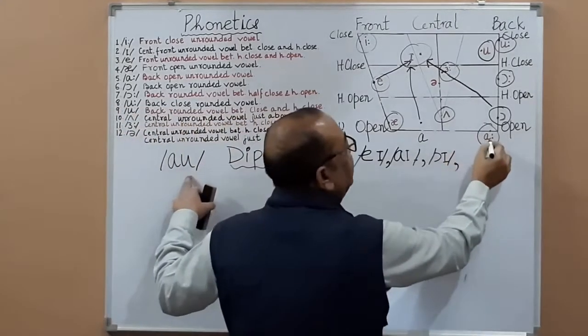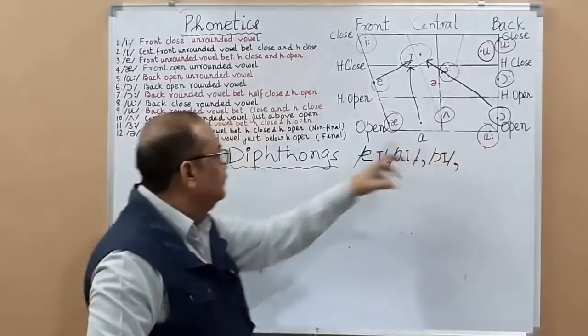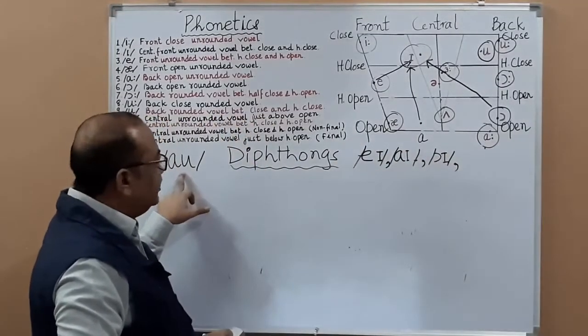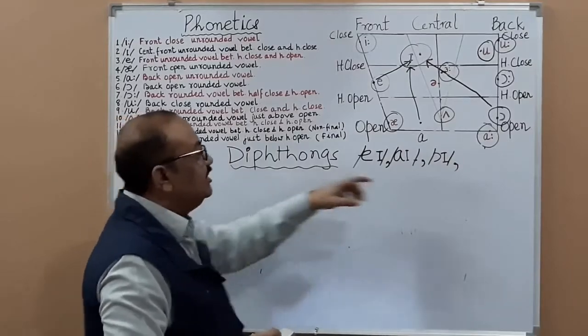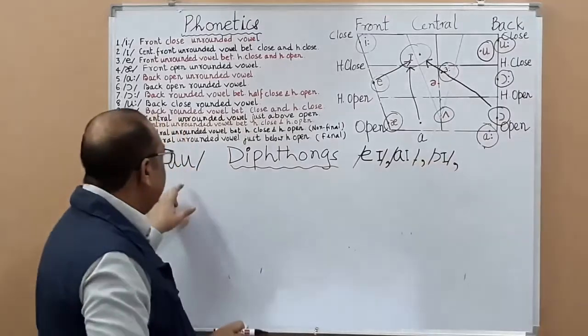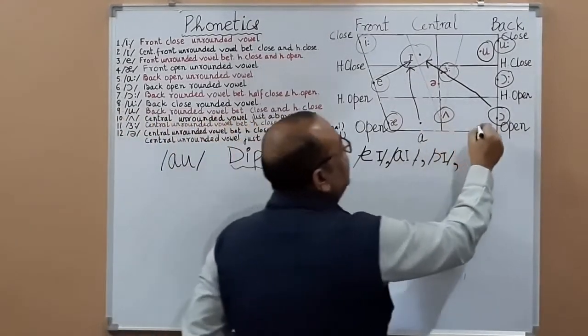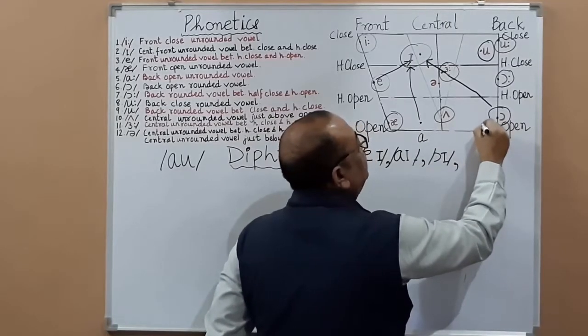See, we will not carry over dots here. We are taking simply A, because that is long A, prolonged A, and then U. So it's a glide from this point.